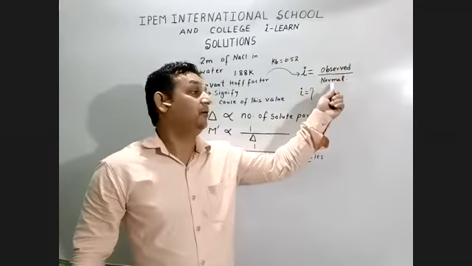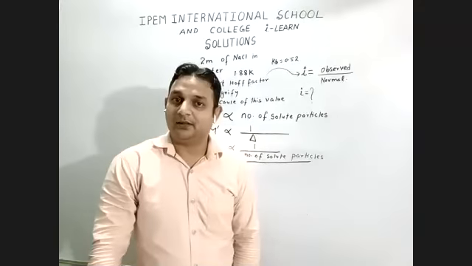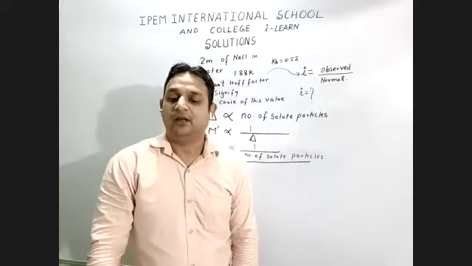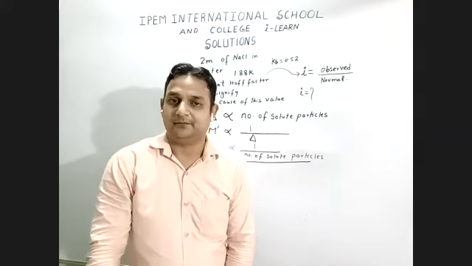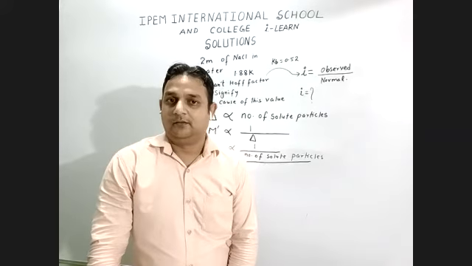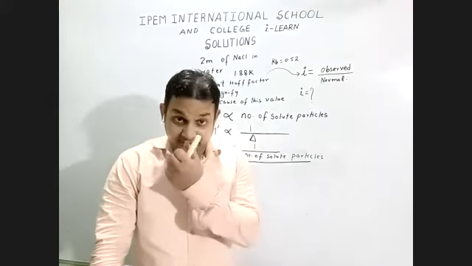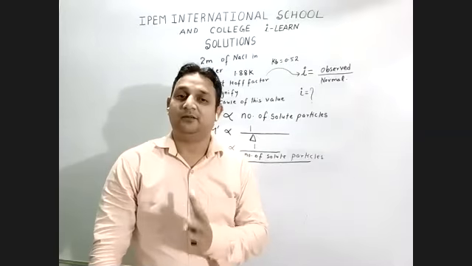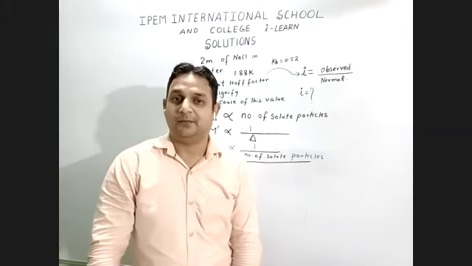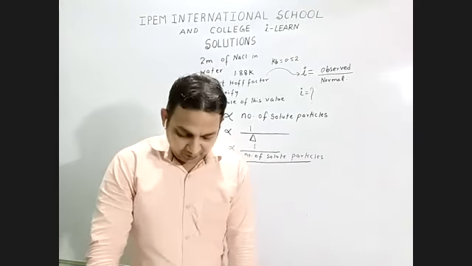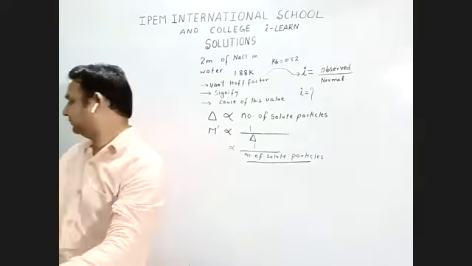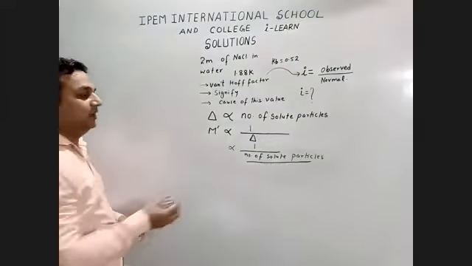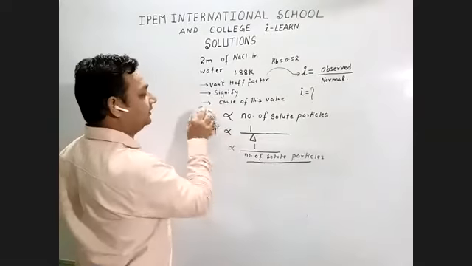That can be calculated with the help of i, the observed upon the normal value of a colligative property. So for this, we have to understand association and dissociation. There are two concepts. Now, when the molecular state of the solute remains unchanged in the solution, this concept is clear.